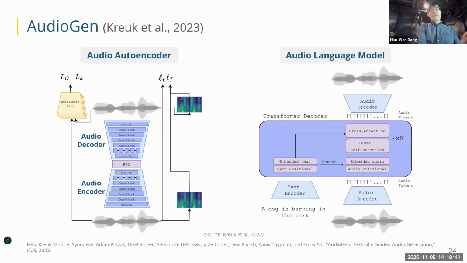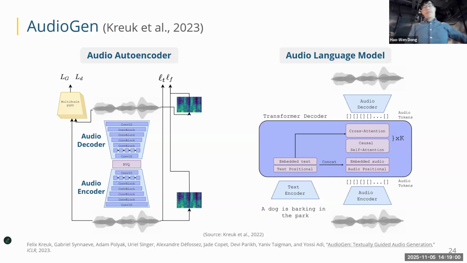So AudioGen is one of the first models that people think about. As you can see from the name, it is the parent or the mother of MusicGen. So AudioGen came out first, and then they retrained AudioGen and turned it into a music version called MusicGen.